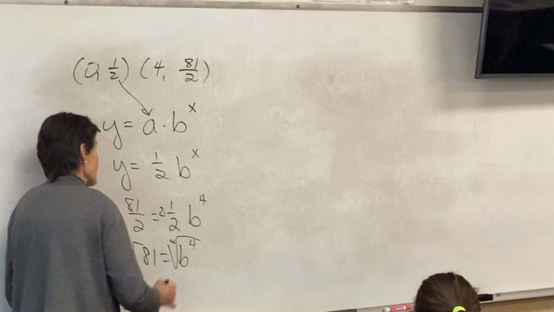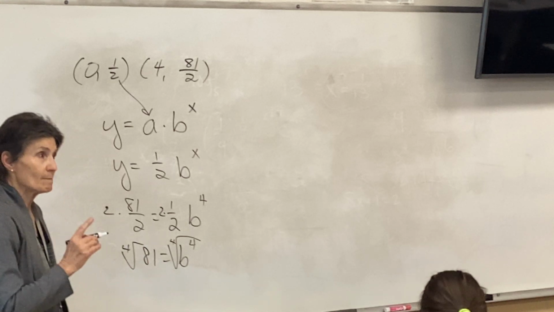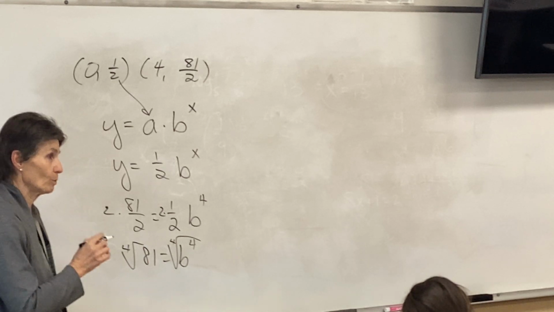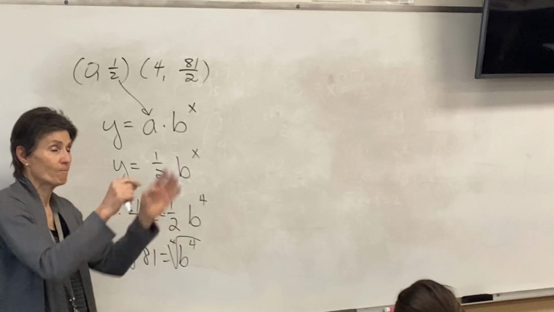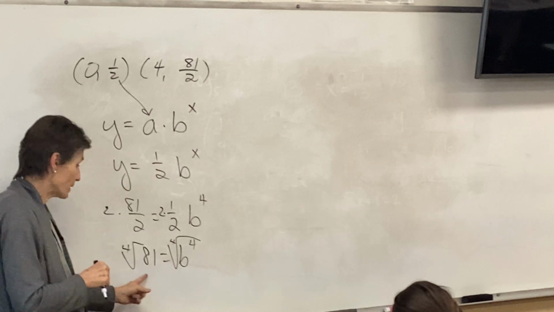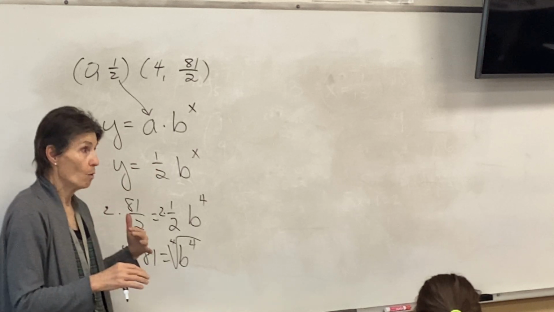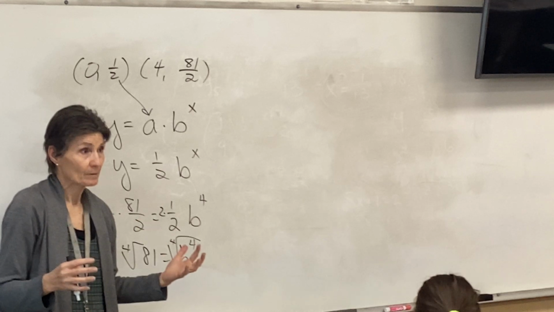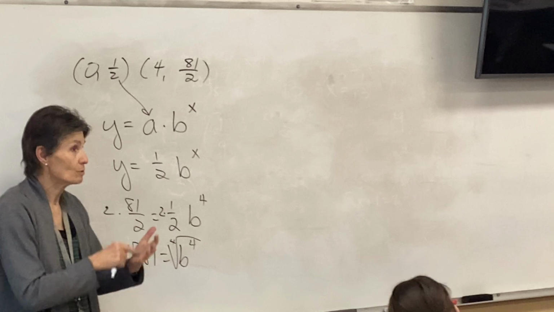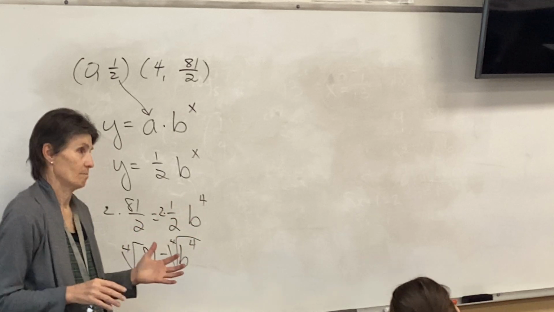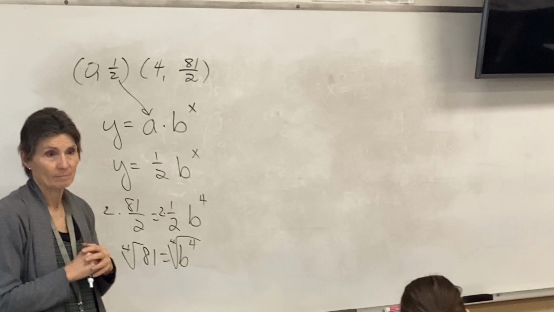And this is where some of you have this memorized and some of you don't. What does it mean to be a 4th root? It means if you times the same number 4 times, you get 81. Okay? So if you don't know that that's 3, you can work it out on your calculator. 2 times 2 times 2 times 2 is not 81. 3 times 3 times 3 times 3 is 81.